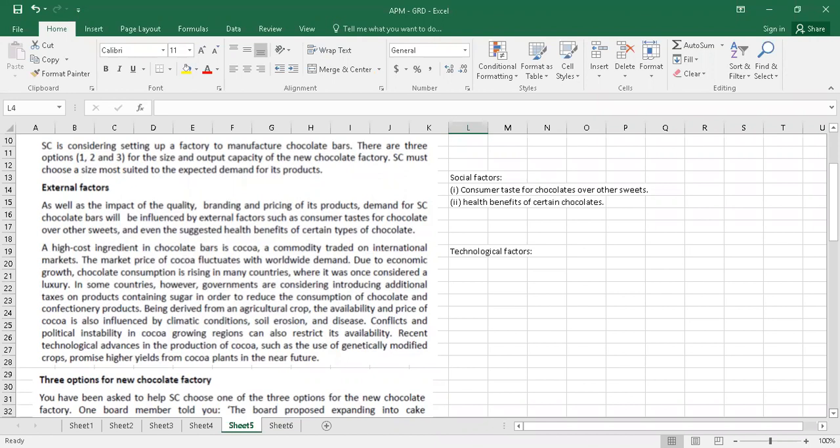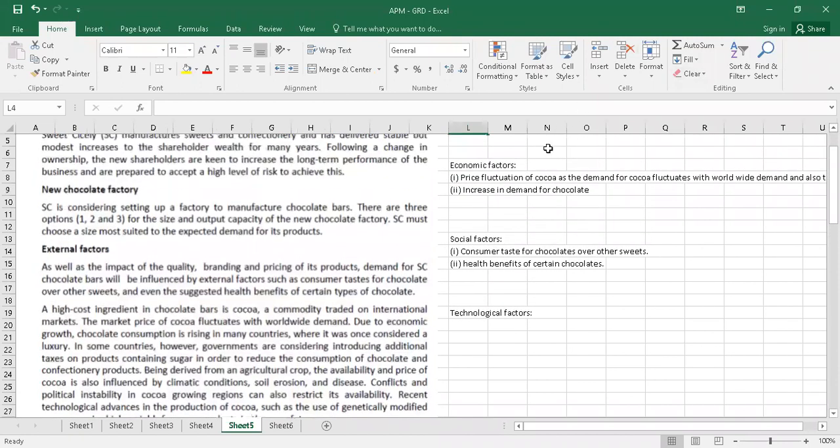So where do we fit this? Environmental factors. Now if it was PESTLE, under E we would have written it. Now where do we write? We can club them with E or S. So we can write it here as economic plus environment.